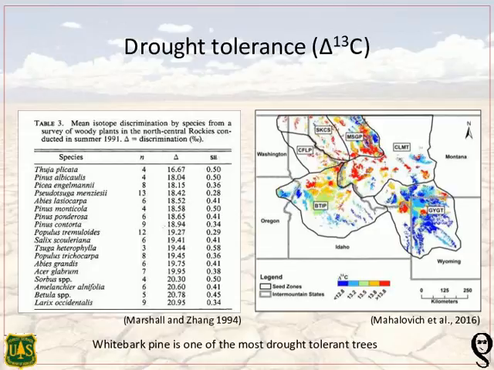So we had to apply a correction factor because most of the intrinsic water use efficiency studies are done on tree needles rather than nut tissue. Having made that adjustment, we find that when we compare our results to those of John Marshall and Jianwei Zhang, whitebark pine is one of the most drought-tolerant conifers in western North America. If it has a potential competitor for that top slot, it will probably be limber pine.